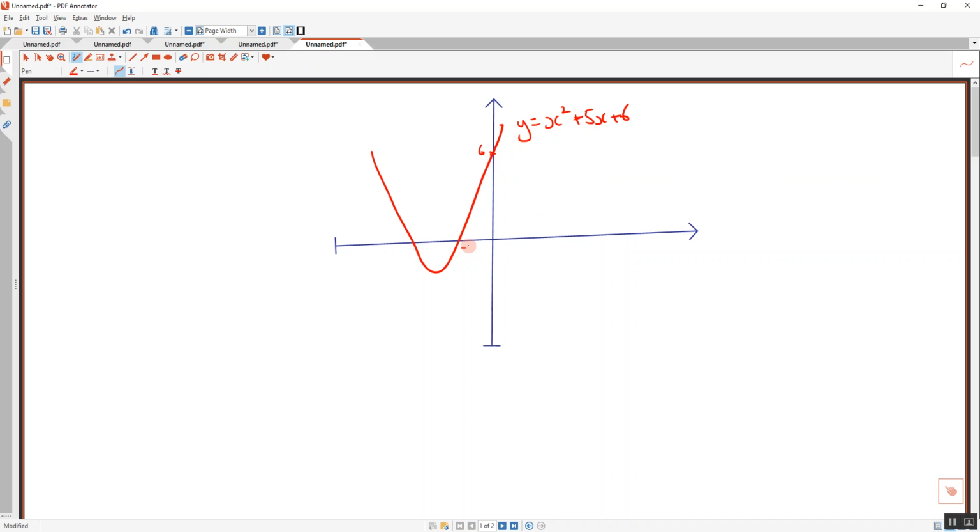It was going through -3 and -2. Remind me, this point is called what? The y-intercept. And -3 and -2, because it's crossing the x-axis, these are called the x-intercepts, or the roots or zeros. Roots or zeros. Alright, good.